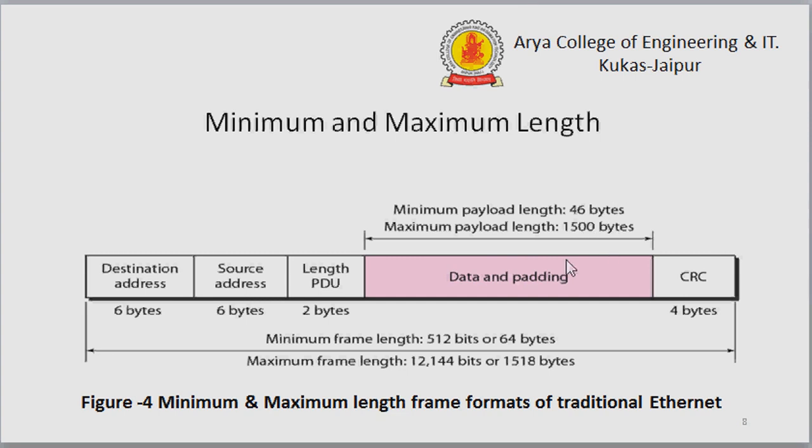Its minimum payload length is 46 bytes and maximum payload length is 1500 bytes. The minimum frame length, including destination address, source address, length, PDU and CRC, is 64 bytes and the maximum frame length is 1518 bytes.